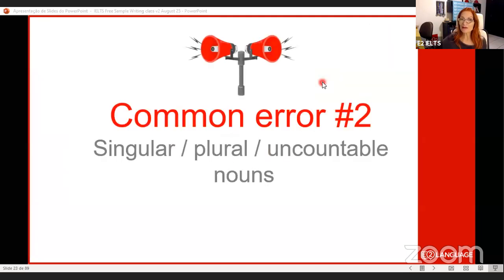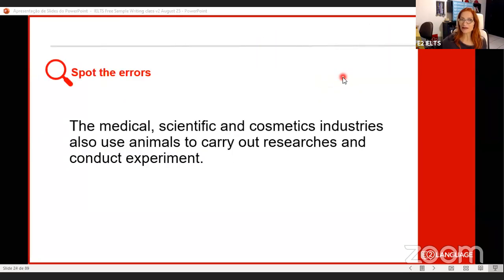Let's go to the second point, singular, plural, and uncountable nouns. Can you spot the error here? Okay, so we have the medical, scientific, and cosmetics industries use animal, not animal, right?